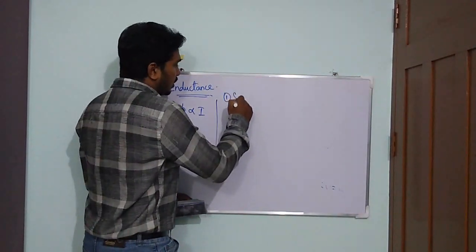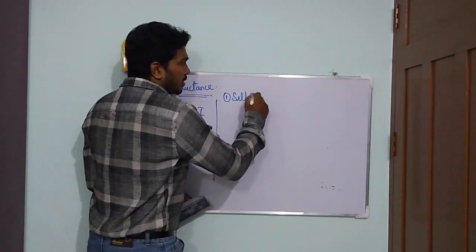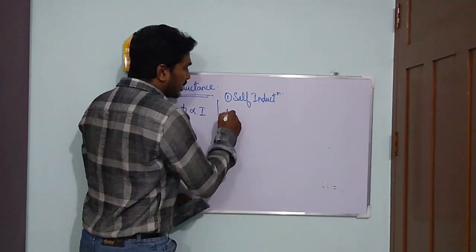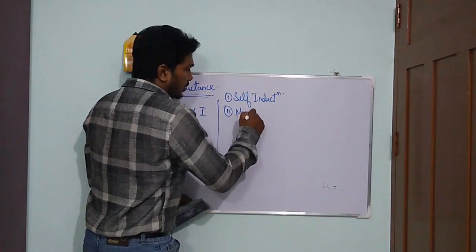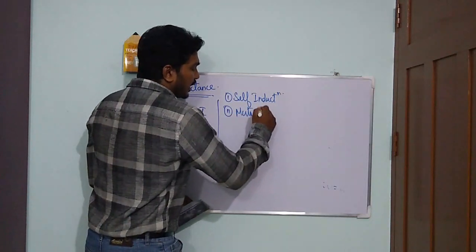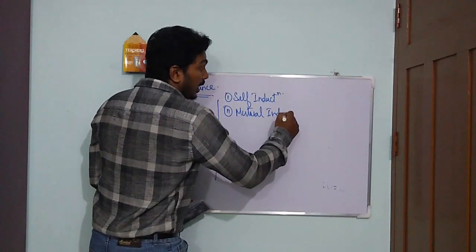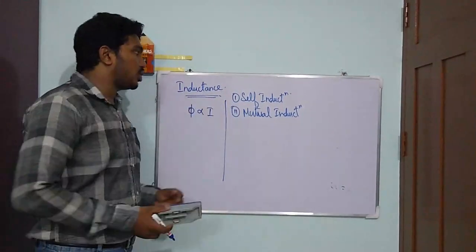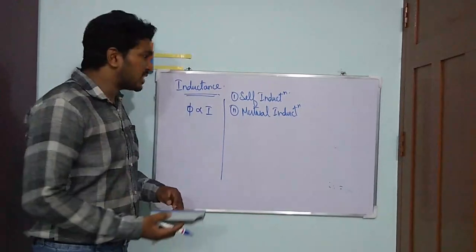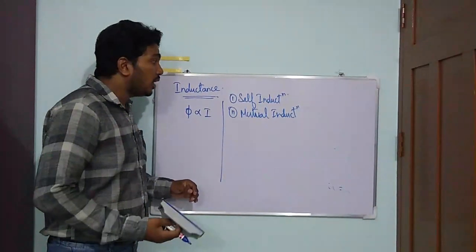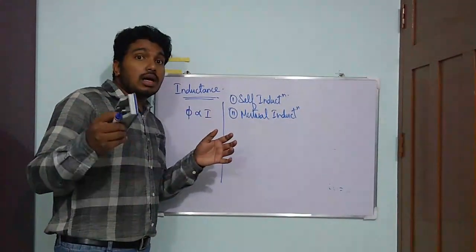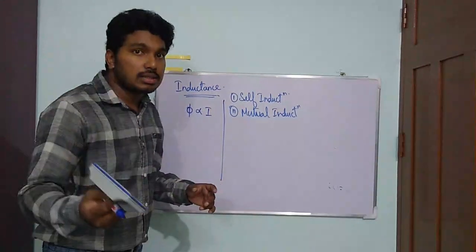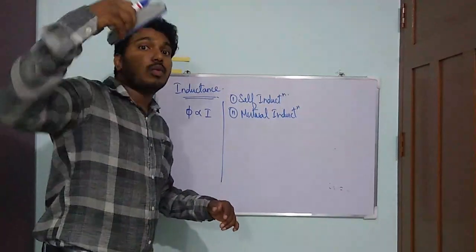One is self-induction or self-inductance, and the other is mutual induction. Now, when you talk about self-induction, it is the method of inducing current in itself because of the change in current associated with it.